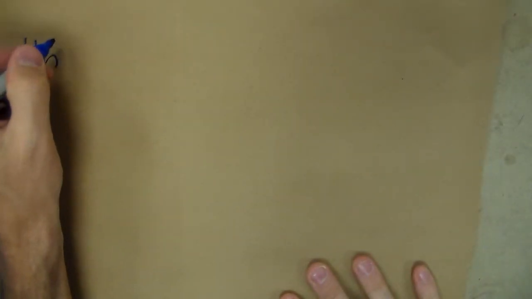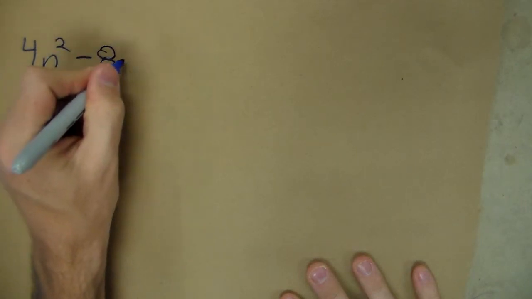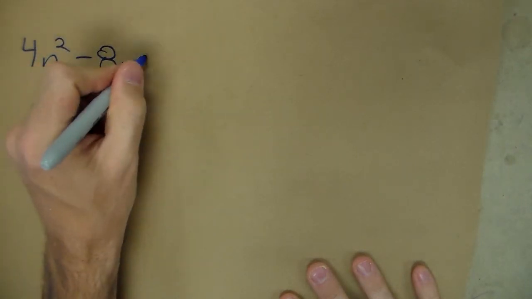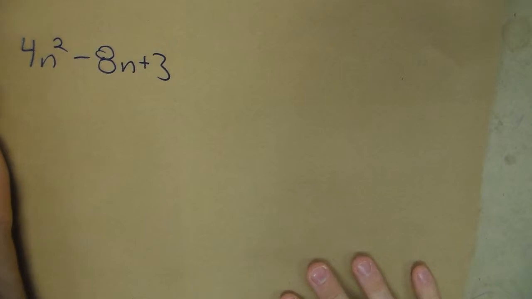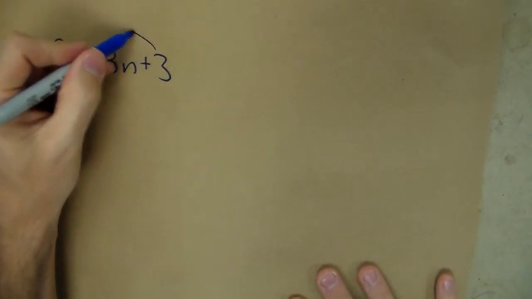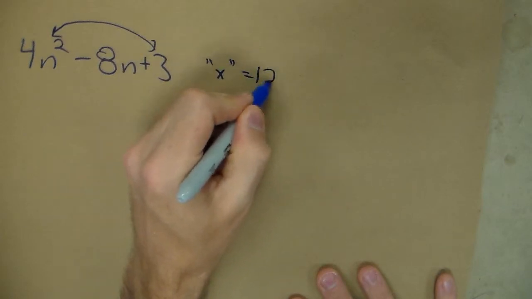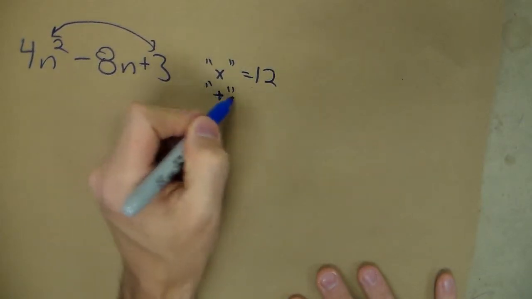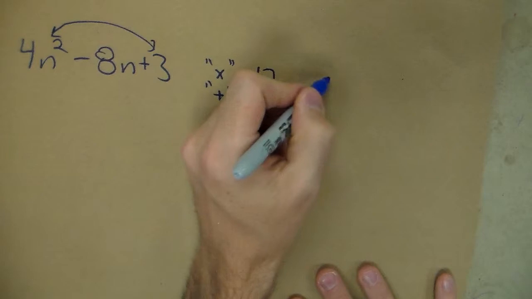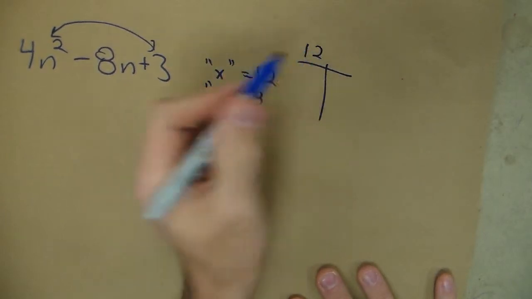Let's do another one. Now, the process is always the same here. You're going to break them apart. What are we going to break them into? So, multiply. I need to multiply to get 12. I need to add to get negative 8. So, ways I can get 12.